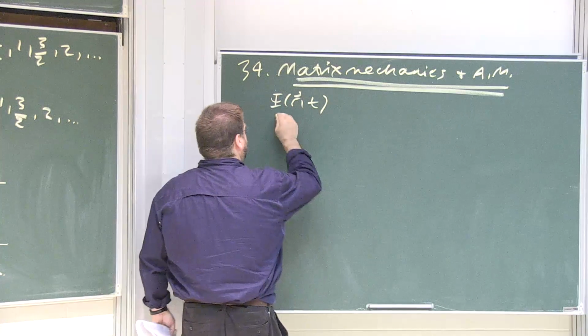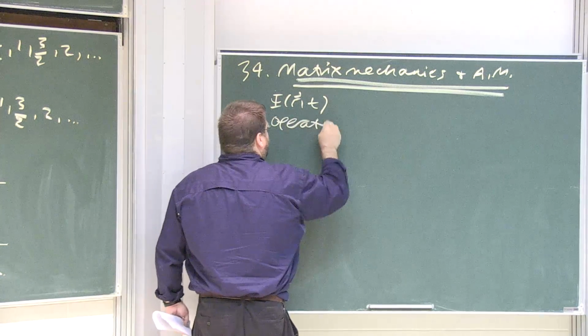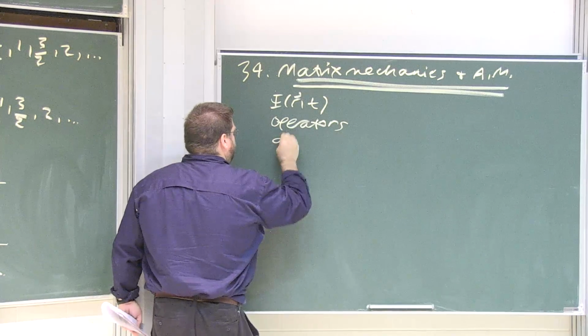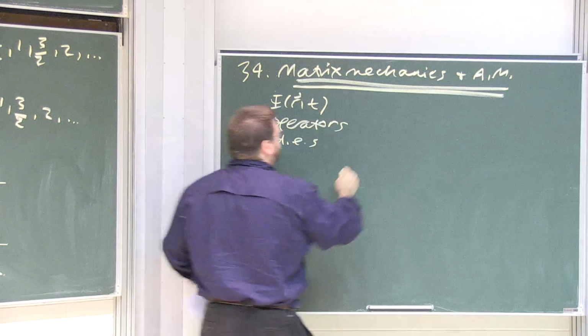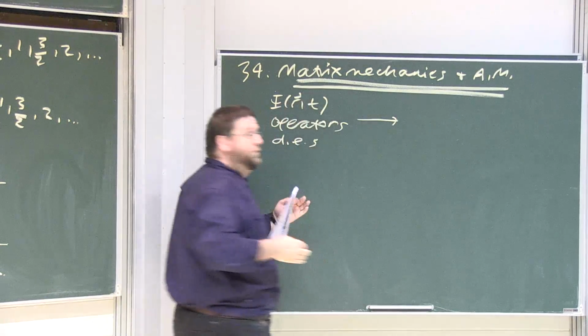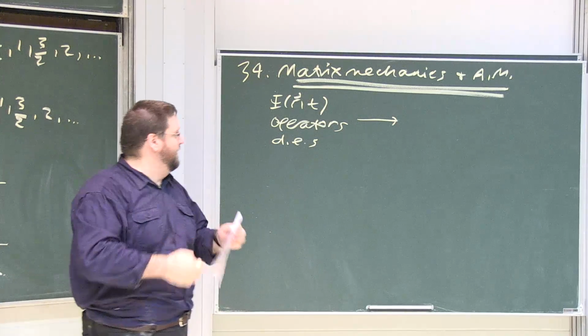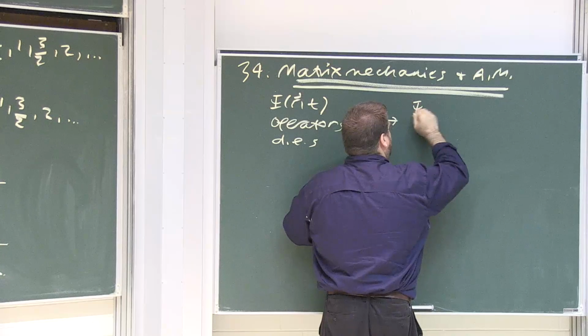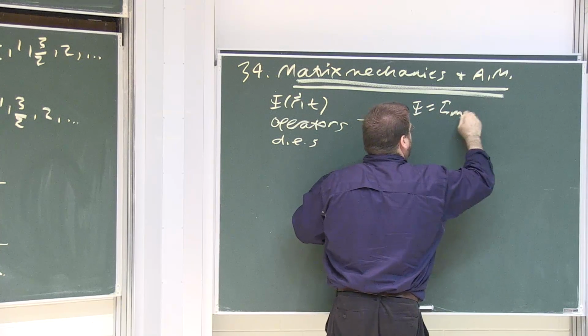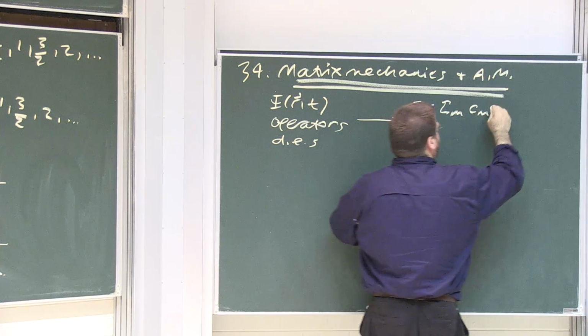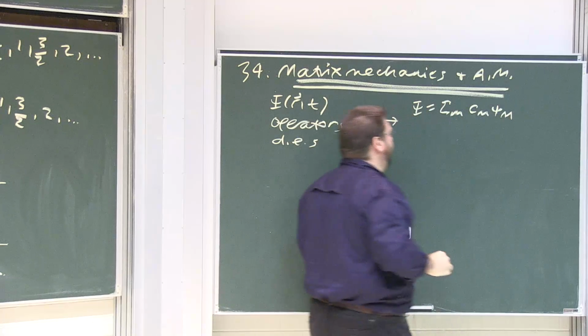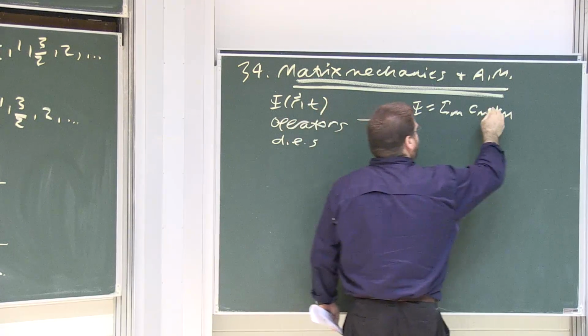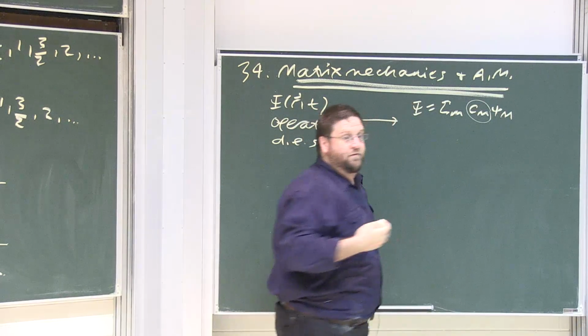We took wave mechanics with its operators, its wave functions, and its differential equations, and we showed how it could be transformed to a different representation of quantum mechanics, where the wave functions became column vectors. Remember the eigenfunction expansion: coefficients Cm, eigenfunctions psi m. So the bunch of coefficients is what represents the wave function.